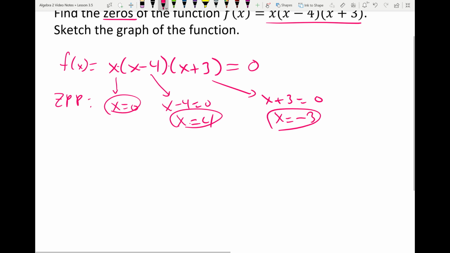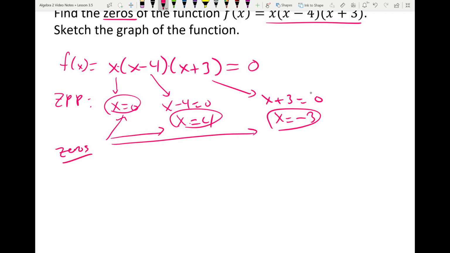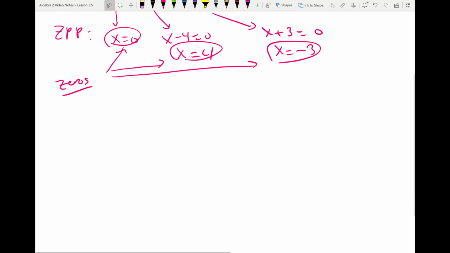These are my zeros. Now that I have my zeros, I want to sketch the graph of the function, so I'm going to do my positive and negative intervals.